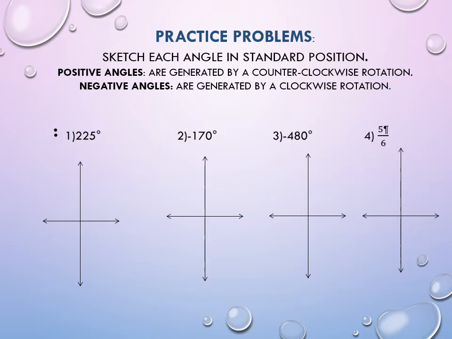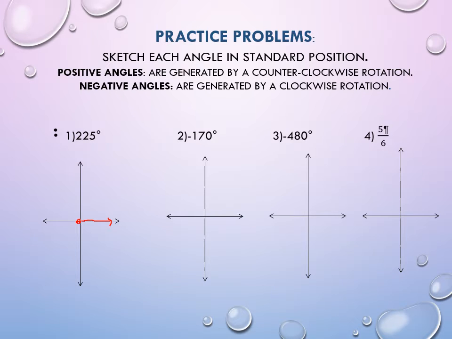So we decide to put this into practice with what we call the standard position of an angle. When we have an angle in standard position, we start with the vertex at the origin of the Cartesian plane, and then we start on the positive side of x and move it as is indicated here.